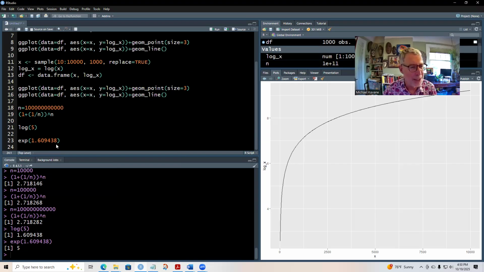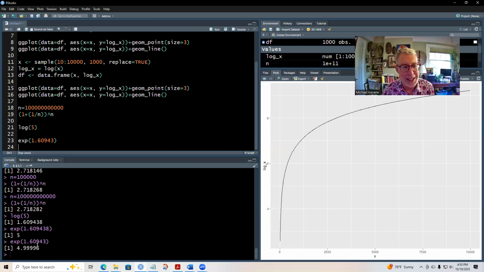To an approximation. R sometimes will round things, so it may or may not be exact. Let's take out decimals, right? There we get 4.99996 by doing that. So you should play with R, going back and forth between the exponential function and the log function to see what you have.